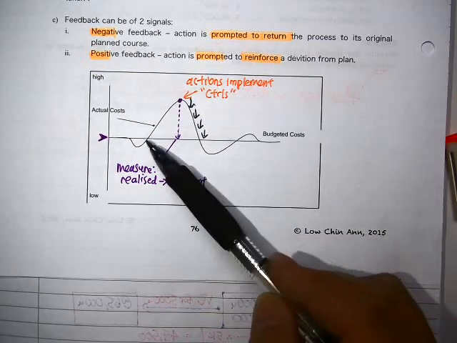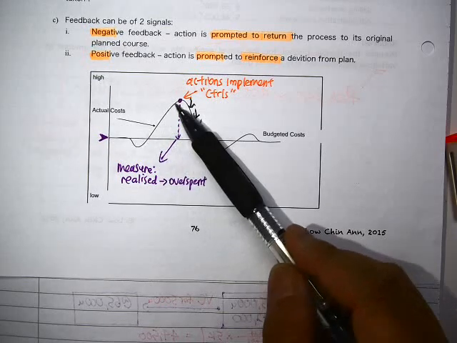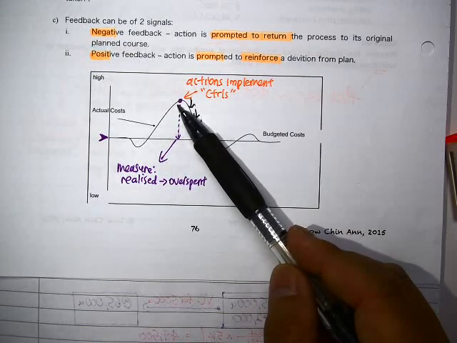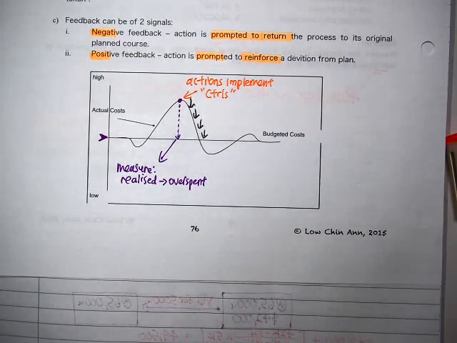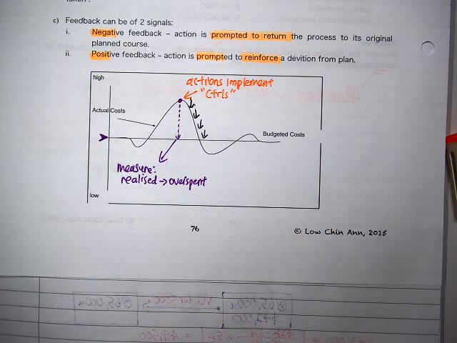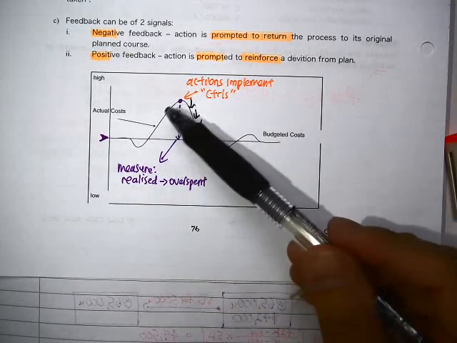Surprisingly, your boss may realize that this overspend was good. For example, your boss gave you a budget for promotional activity, for marketing. Then the manager goes and spends a lot of money on marketing, so he overspent on the budget.